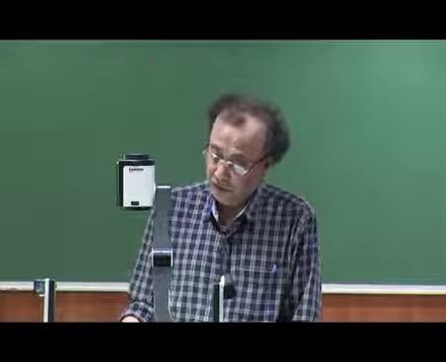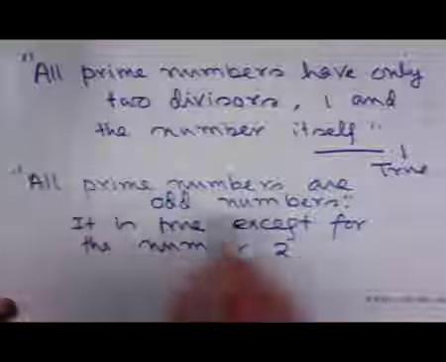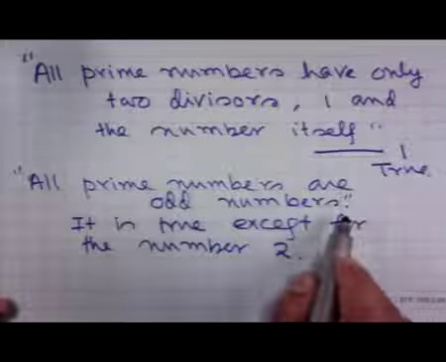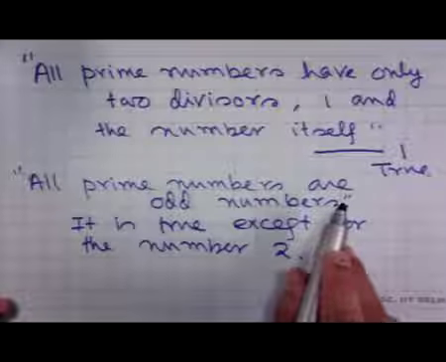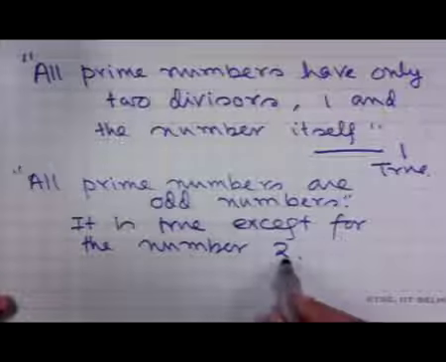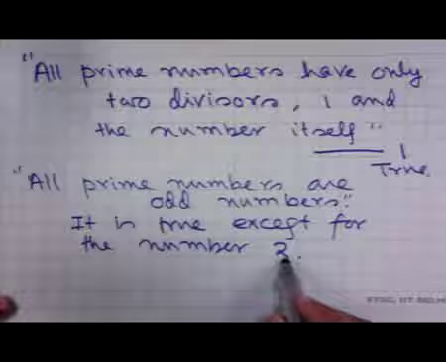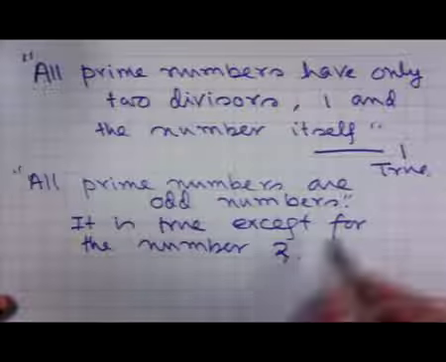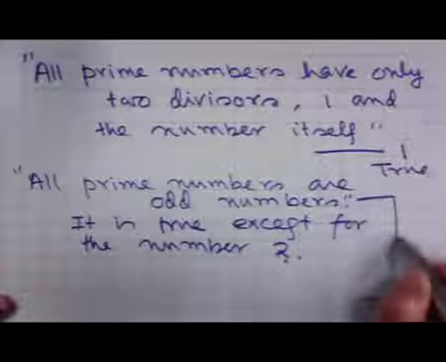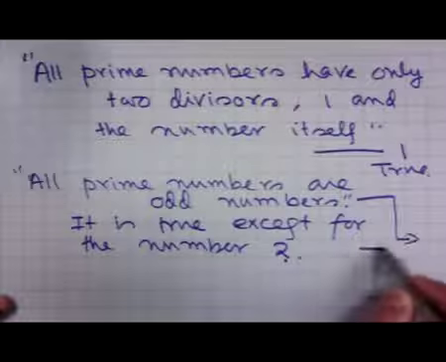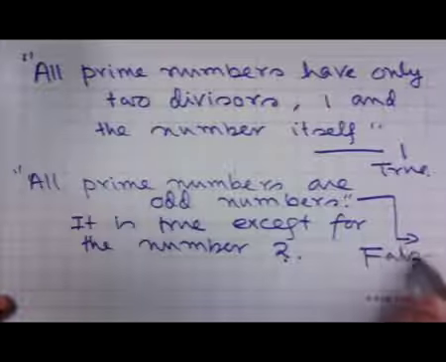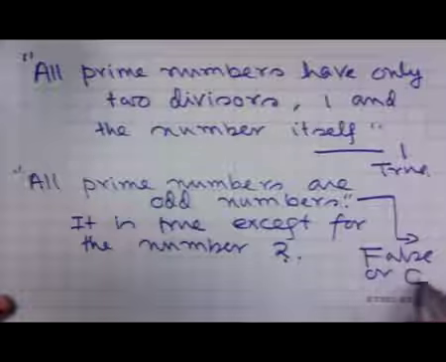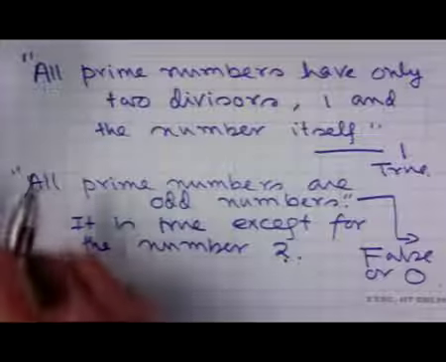Therefore, the sentence all prime numbers are odd numbers is not correct, because there is a number which is prime, but that is not odd. Therefore, this statement will have truth value false or 0. Okay?